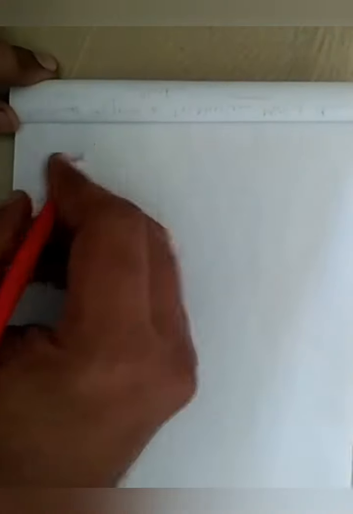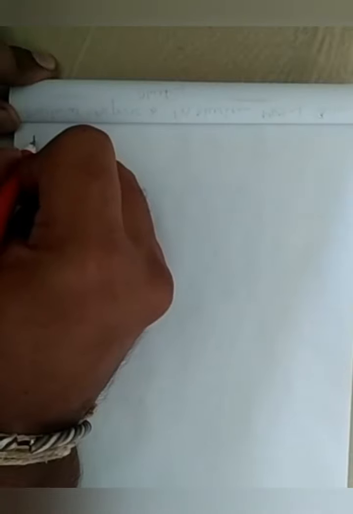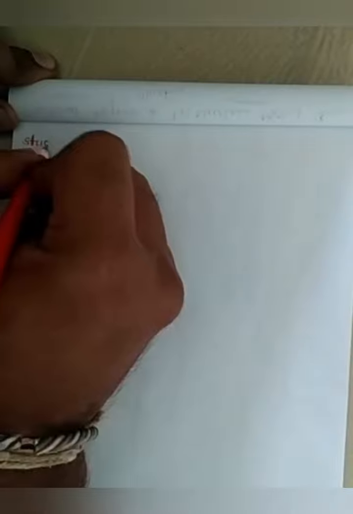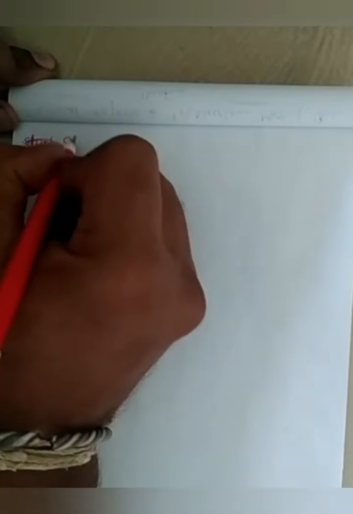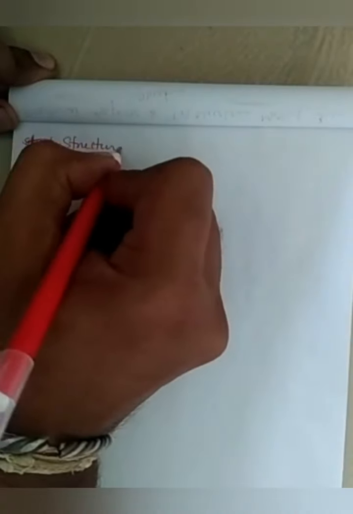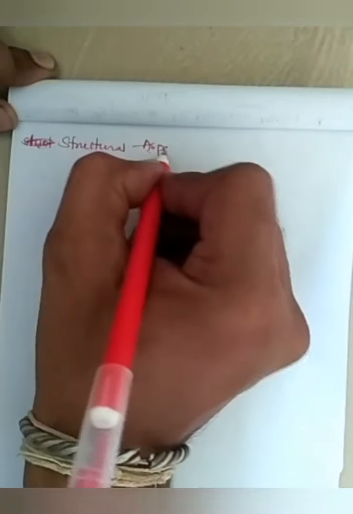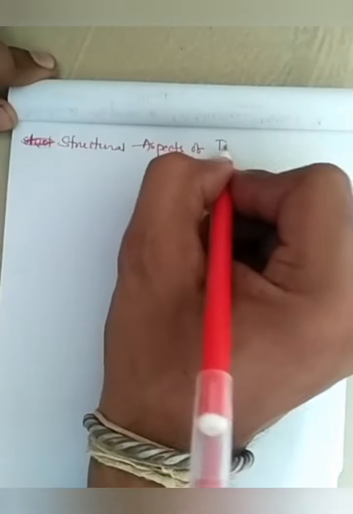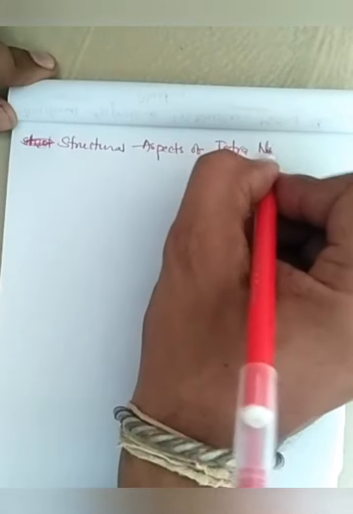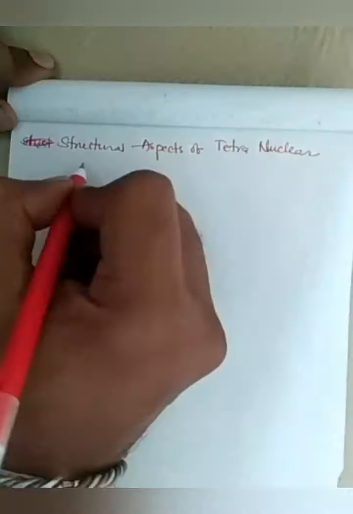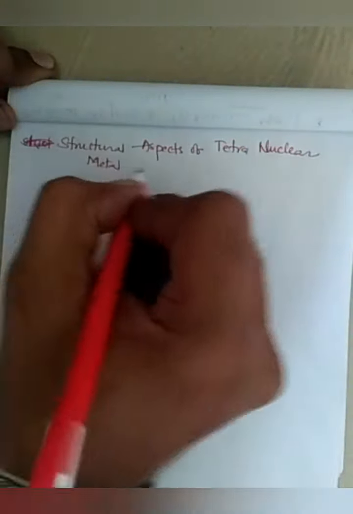Now we have to go over tetranuclear metal carbonyl clusters. Till now we have discussed the last class. Now we are going to start today's session with the structural aspects of tetranuclear metal carbonyl clusters.